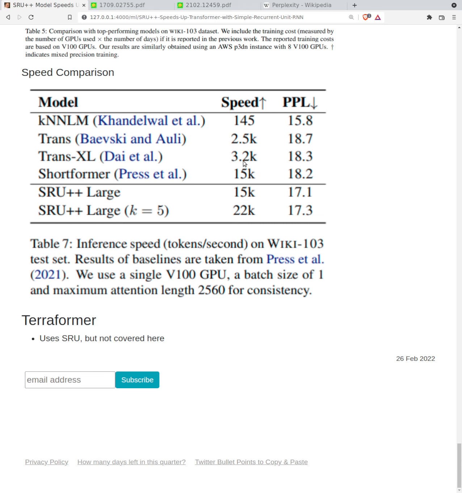Again, several times faster than Transformer-XL, and sort of on par with Shortformer, but with better results. And if you include even fewer attention layers, then you outperform Shortformer while still having very good results.